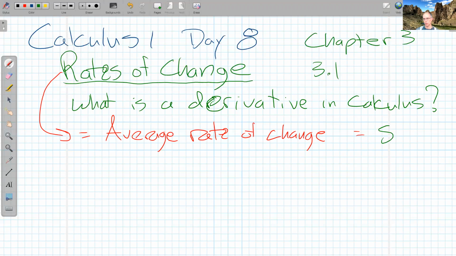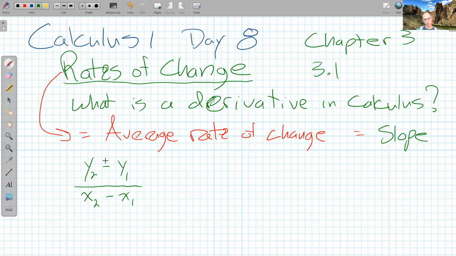Talked about that before. So we've got this idea that we have these points, and there's a second y value and there's a first y value. And related to that second y value is a second x value and then a first x value.